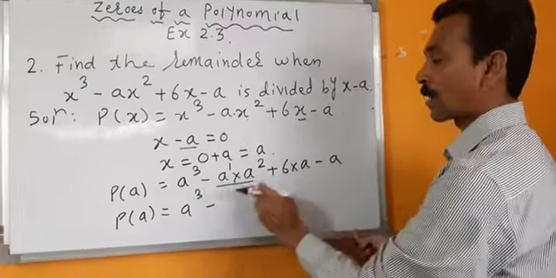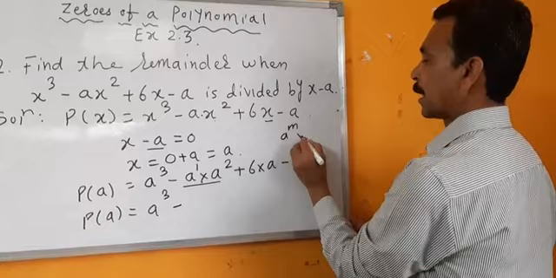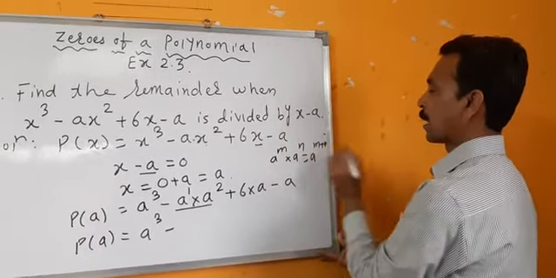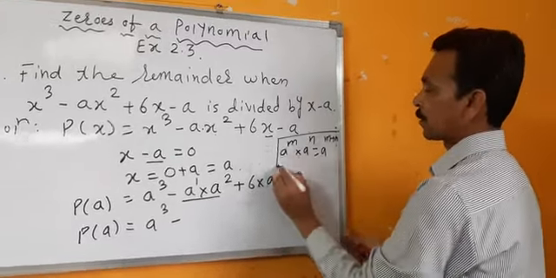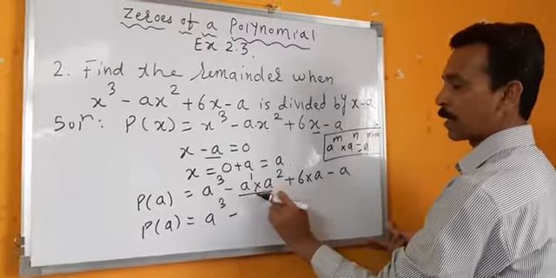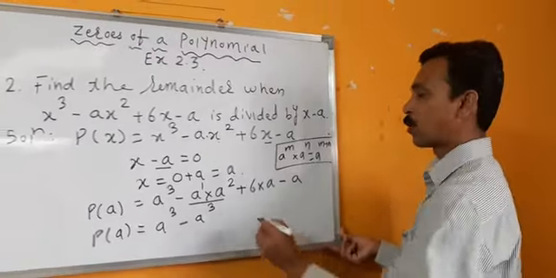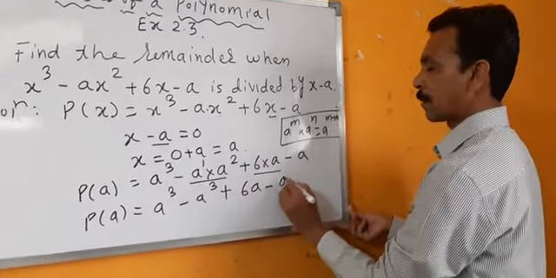You have to use the law of exponents. What is the law of exponents? a raised to m into a raised to n is equal to a raised to m plus n. So a raised to 1 into a raised to 2 becomes a raised to 3, means a cube. Plus 6 into a, 6a, minus a.